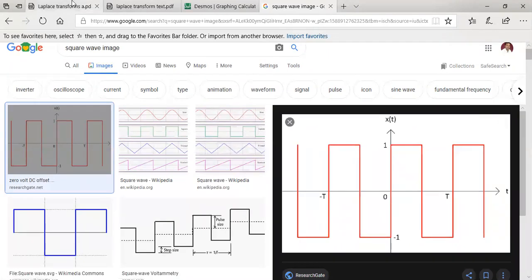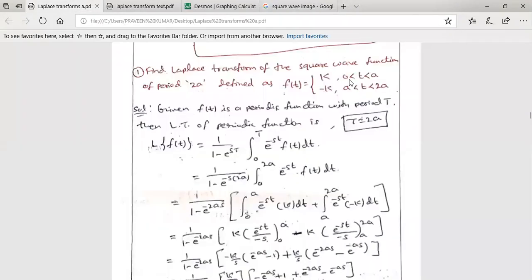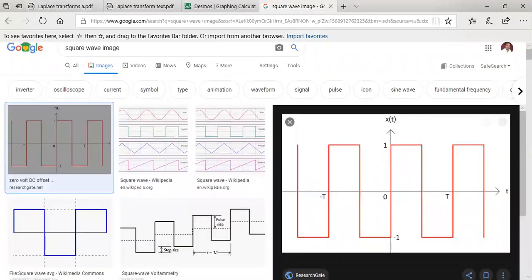For the same function, I am applying it here from 0 to a. We consider 0, and this point we consider as a. From 0 to a, the value is k. From a to 2a, the function is minus k. So it is defined like this on 0 to a, then a to 2a.